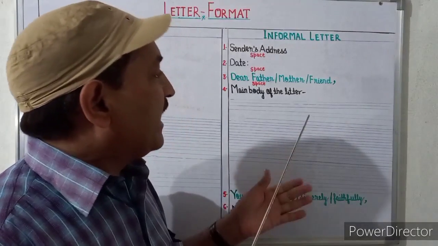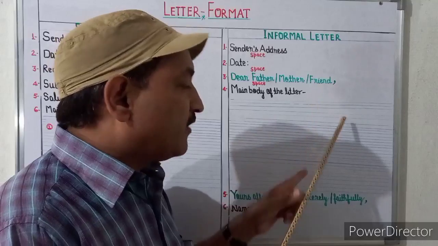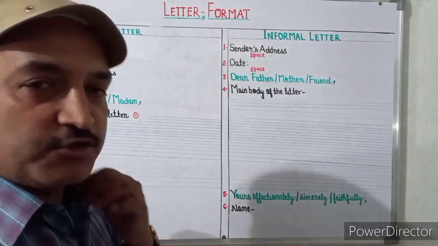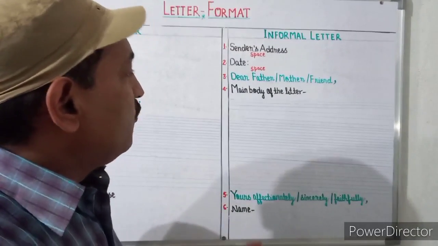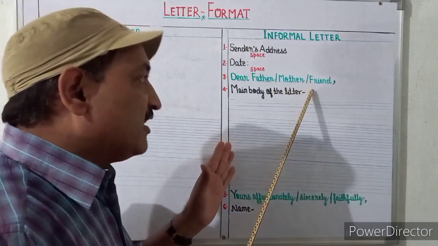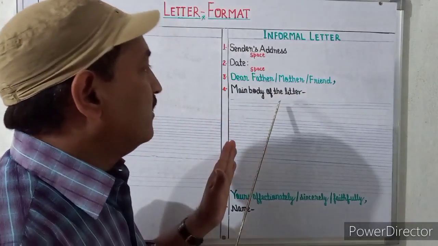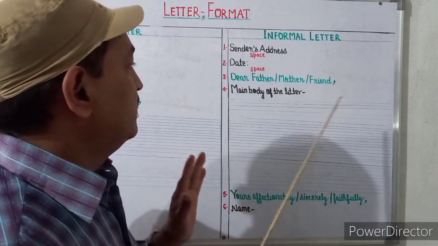Therefore, we can start the main body of our letter just after salutation. As suggested by most grammarians, the main body of the letter should be started just after salutation.